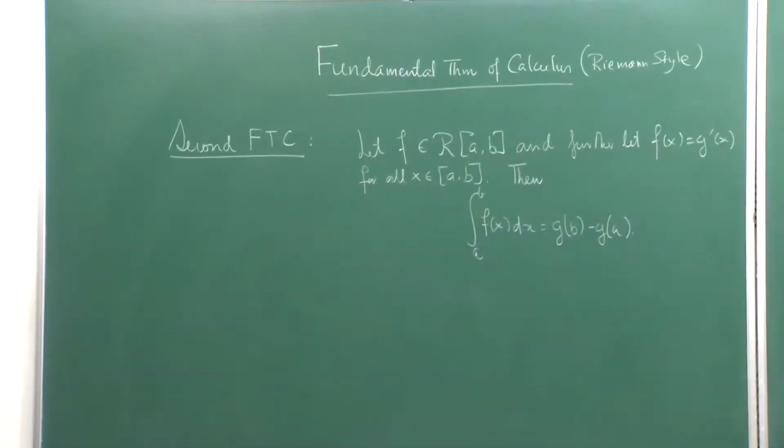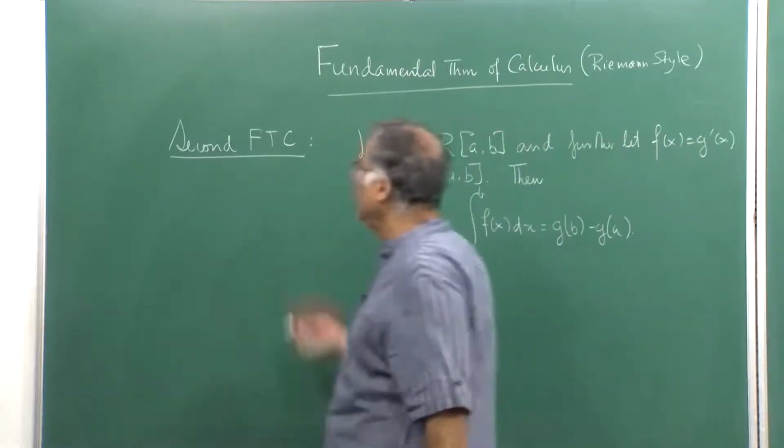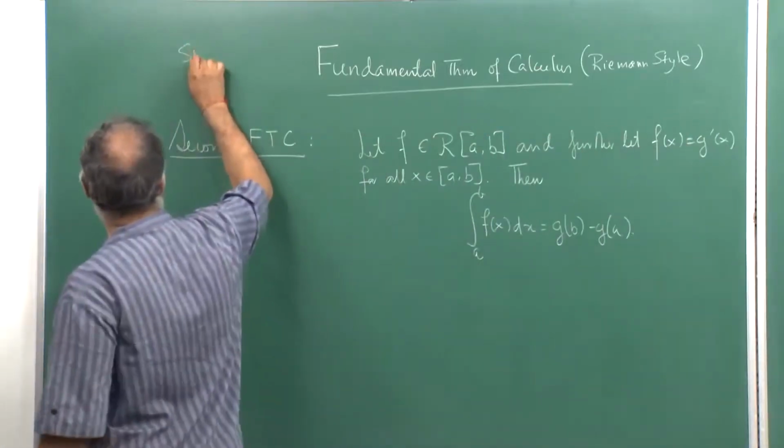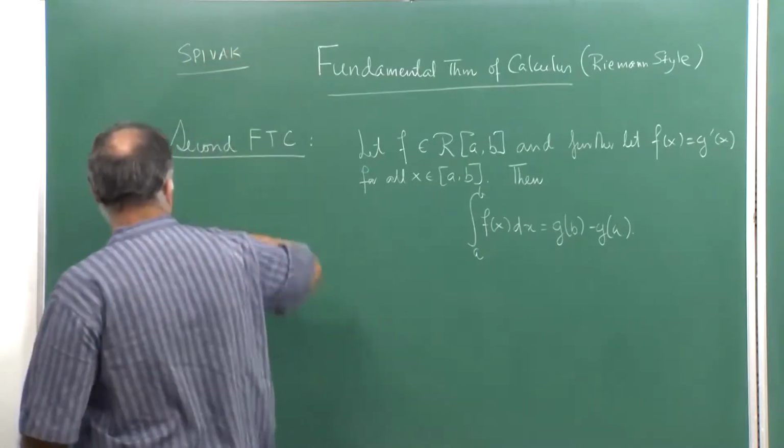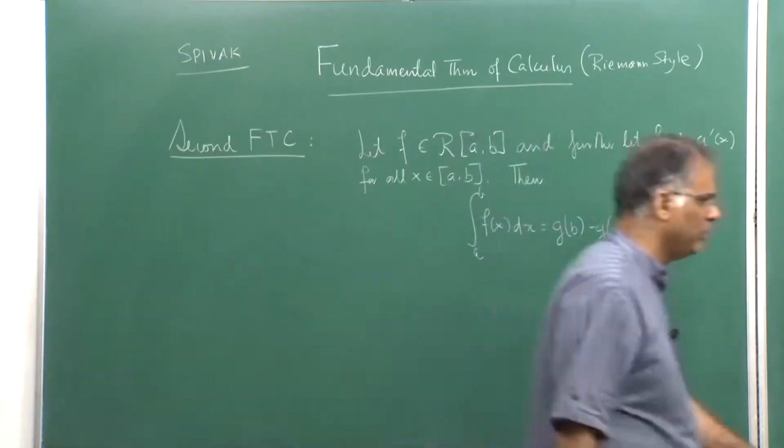We are now going to give a proof, and the proof would be from Spivak. We are actually discussing this from the book by Spivak. It will be found in other places also, but I prefer discussing it from Spivak, where it is written in a proper, clean way.